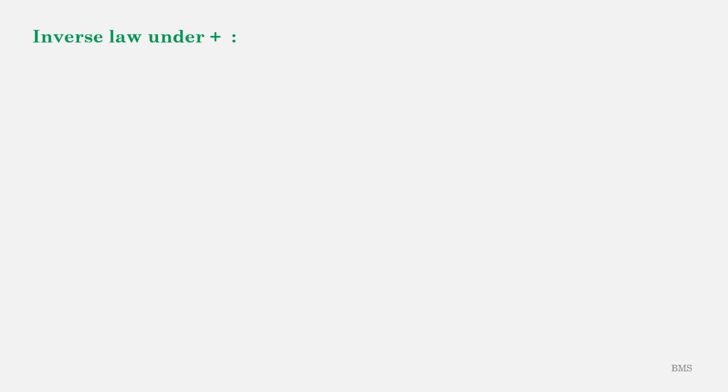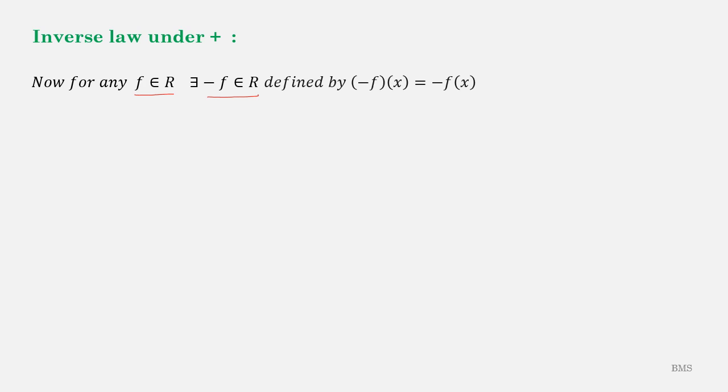Now, we shall come to inverse law under plus. To claim inverse law, let us take an element f belongs to R. For any f, you can always expect -f in R. And this -f is defined like this: (-f)(x) is equal to -(f(x)). Note the difference here.